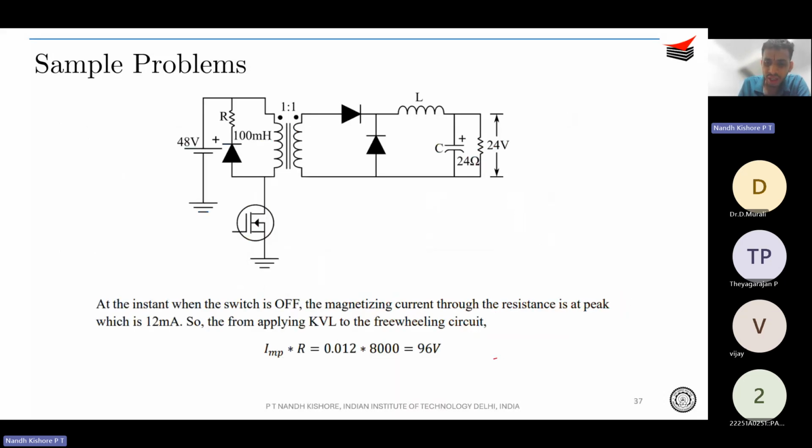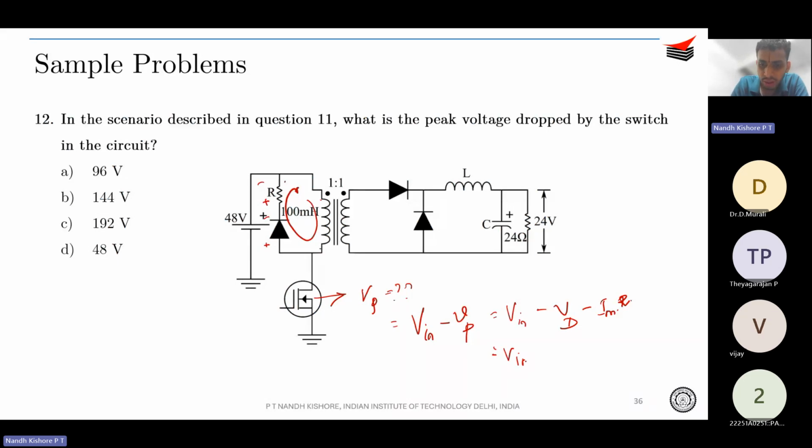So the blocking voltage can be written as Vin minus Vd minus Im into R, correct? So this is the voltage. If you consider the polarity, it will be plus. Vin plus Vd plus Im into R. Correct? Is this good? That is what the switch voltage will be.